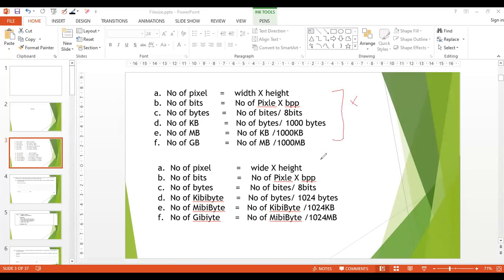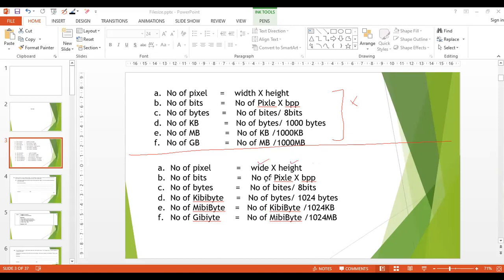This was cancelled. We will focus on this kind of calculation. Remember, whenever you need to calculate file size, the first step is to calculate the number of pixels: width times height. The number of pixels must be given in terms of width and height.